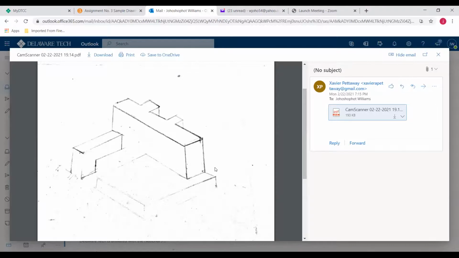So you know you've got to use the 90 degree side of the triangle.